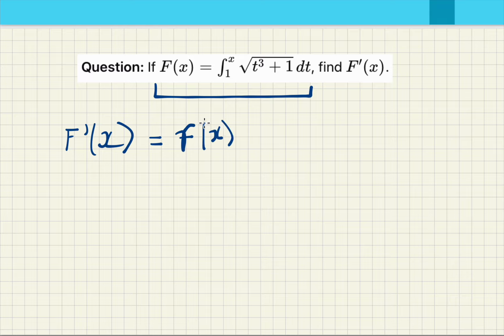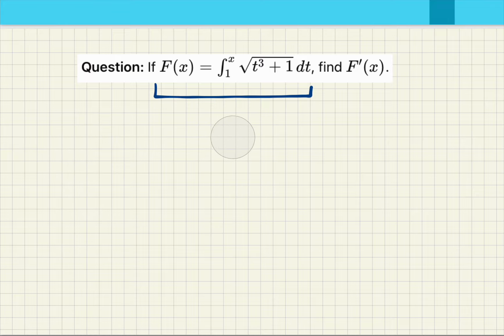And so this is assuming that the original equation is lowercase f of x. So if you find the derivative of an integral, you'll get the original equation. And this basically states that integrals and derivatives are inverse functions. So that's why this theorem works.